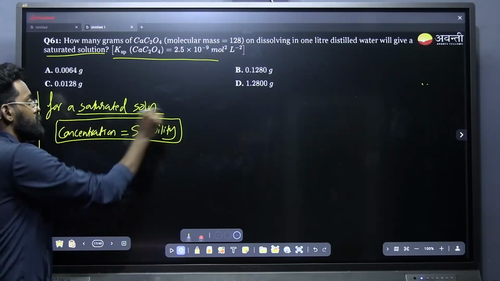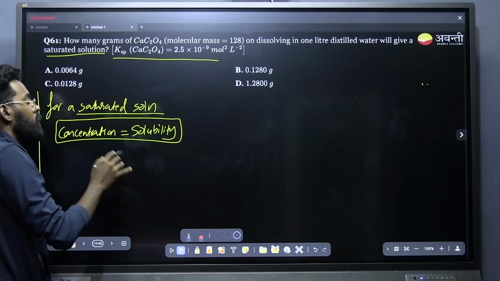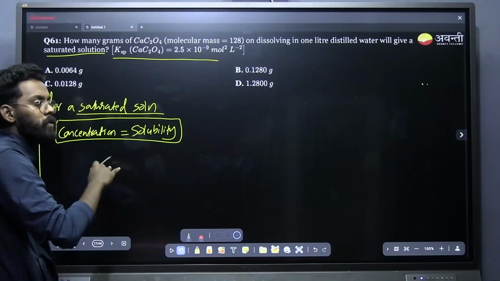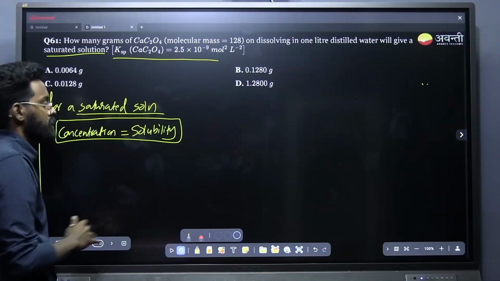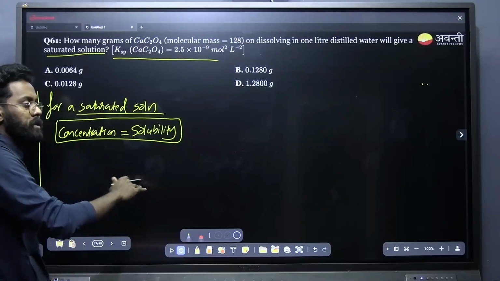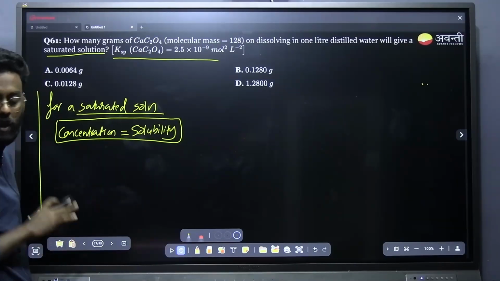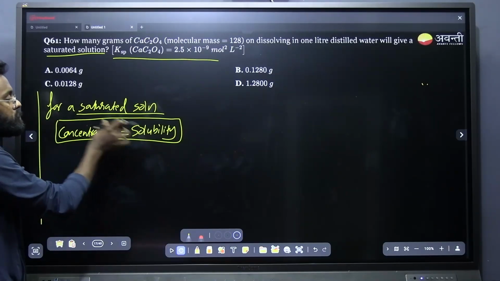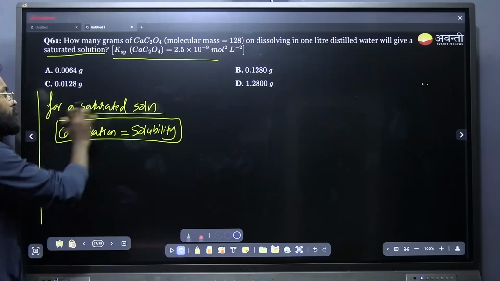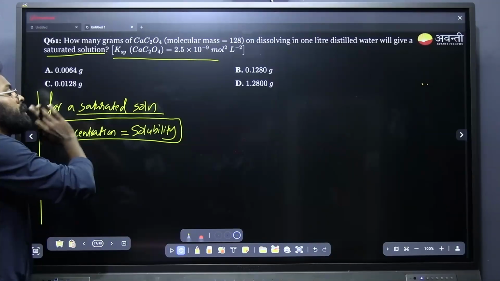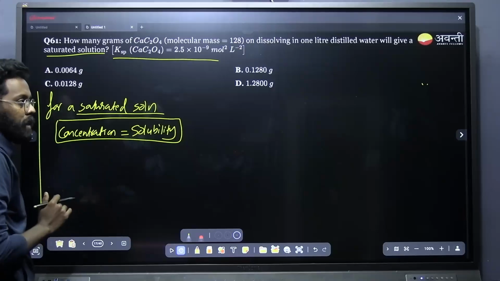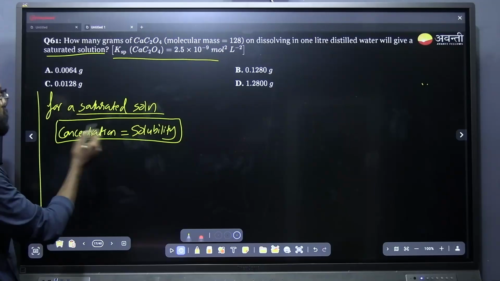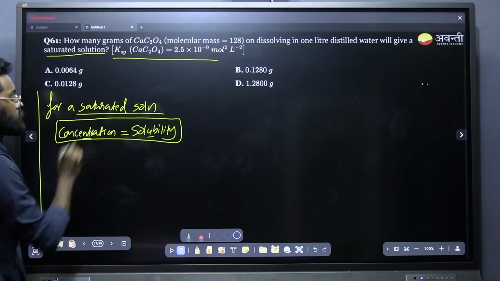Now at the time of saturation, whatever solute is there, that is the maximum amount that will be added. So at the saturated point, concentration and solubility are both the same. Now as both are the same, if we find the solubility, we can find the concentration.